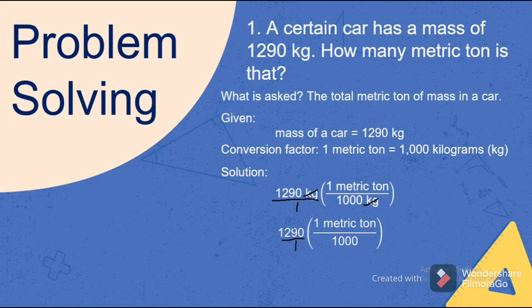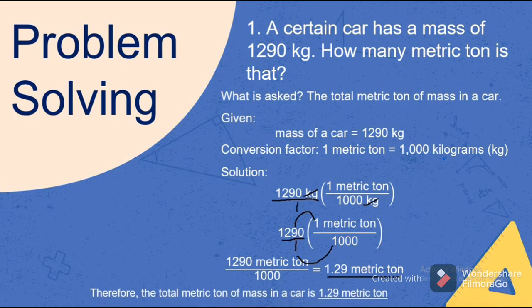Then simplify. 1,290 times 1 and 1 times 1,000 is equal to 1,290 metric tons over 1,000, then divide. So we have 1.29 metric tons. So therefore, the total metric tons of mass in a car is 1.29 metric tons.